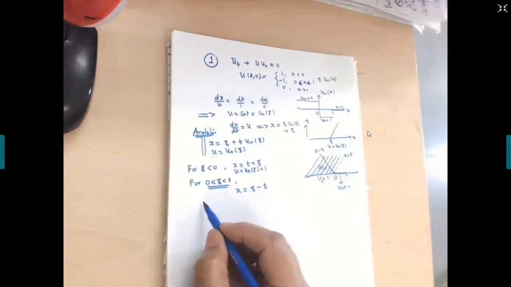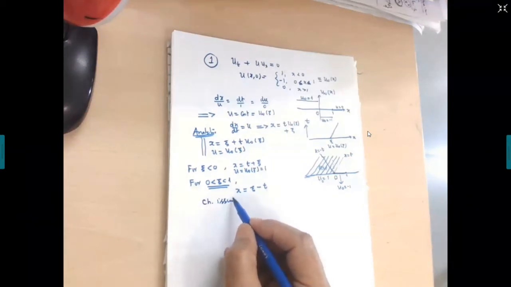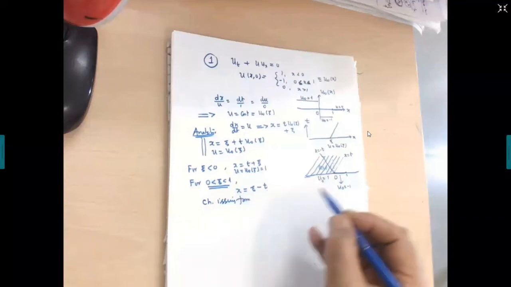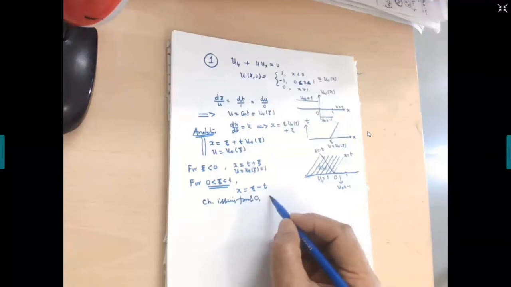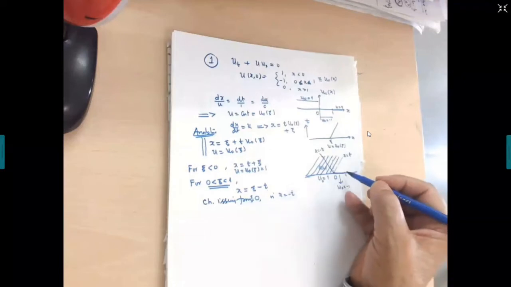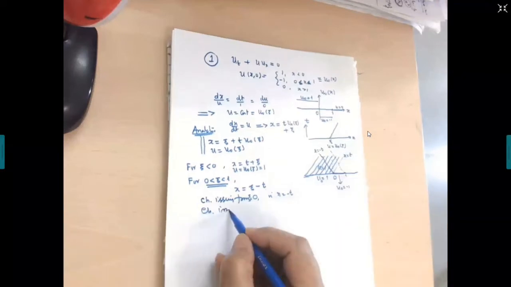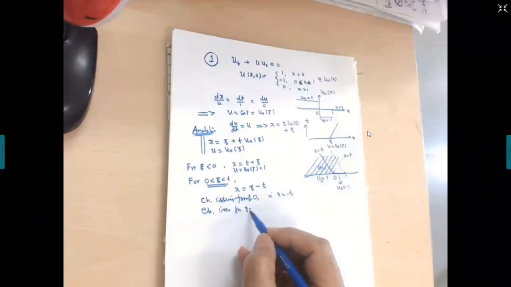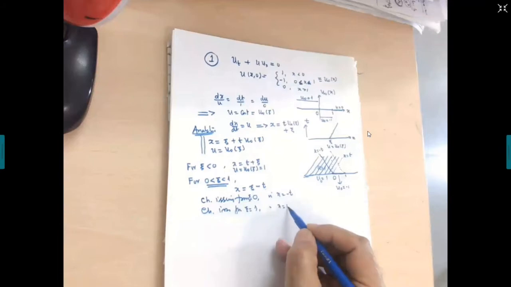So you can see here, you can write the characteristic issuing from xi is equal to 0 as x is equal to minus t. And the characteristic issuing from xi is equal to 1 will be x is equal to 1 minus t.